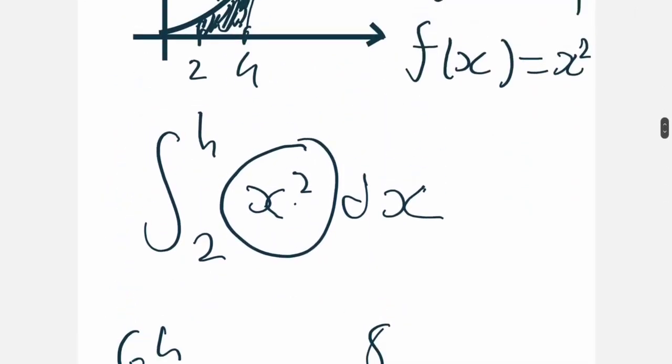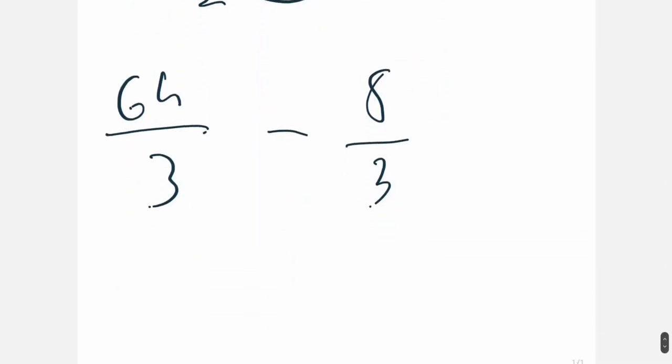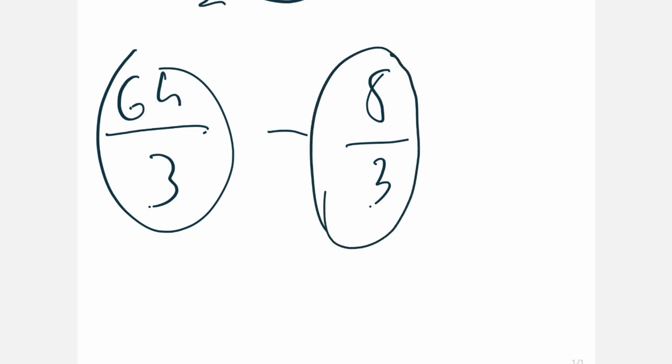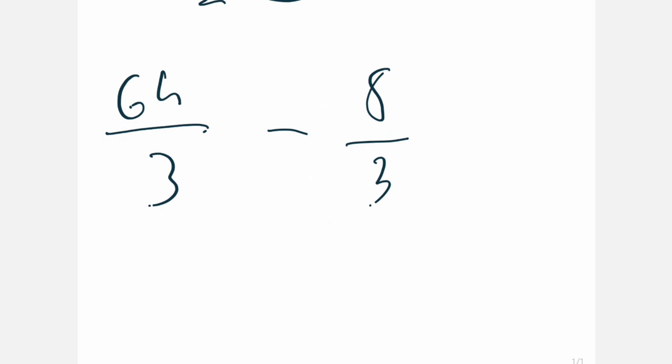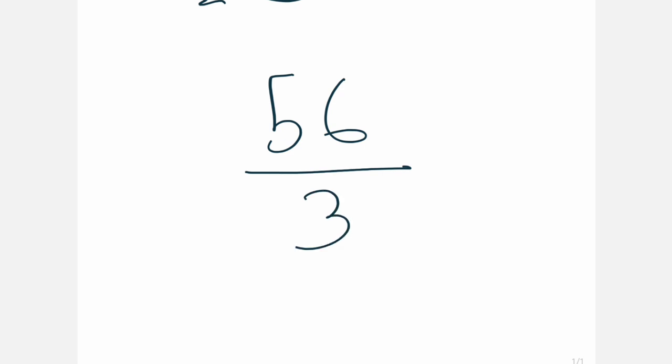So now, as both of these fractions have the same denominator, we're just going to subtract them from each other. In this equation, we just have to minus 8 from 64, which is just 56 over 3.